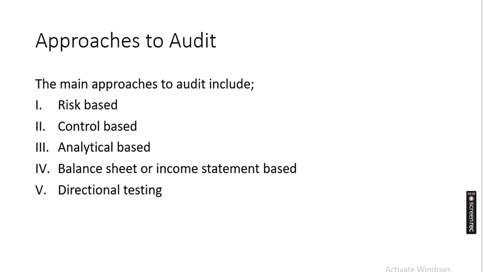Or sometimes you can focus on the income statement figures only, gross profit, profit before tax, revenue. Finally, we have got directional testing. Directional testing is where you focus on areas which seem to be crucial to the audit. So we'll look at this one later.